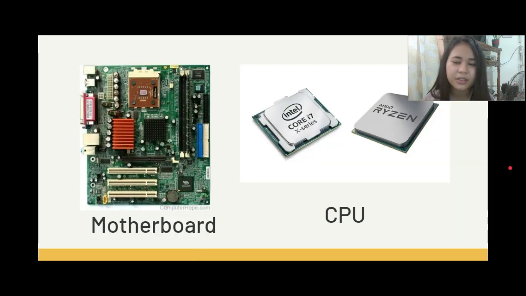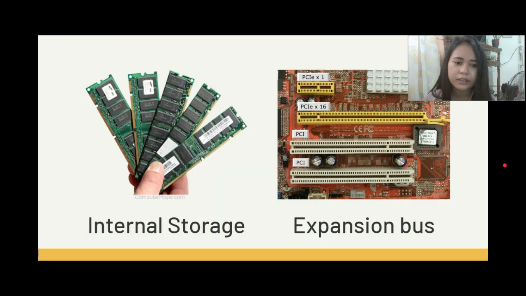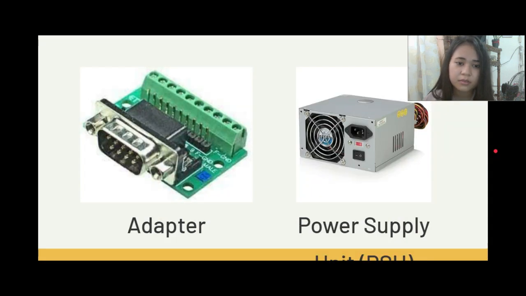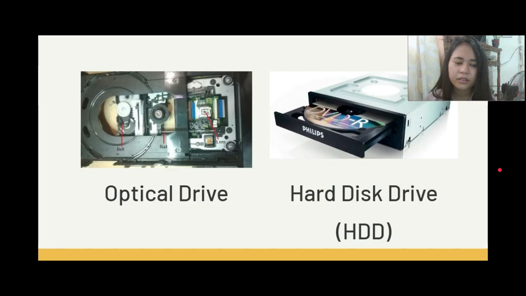The next one is the motherboard, and then this is the CPU, as you can see, this can be inputted from the laptops, and we have the internal storage and the expansion bus, the adapter, and the PSU or the power supply unit, the optical drive, and the hard disk drive.